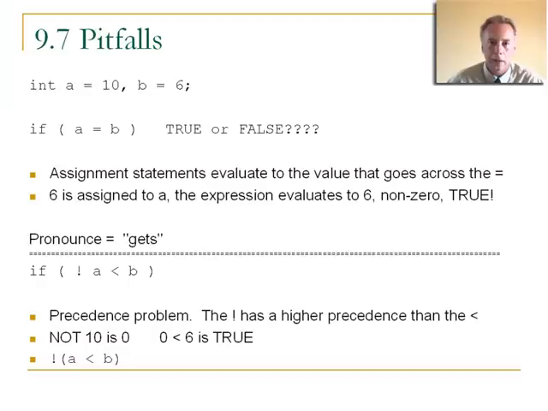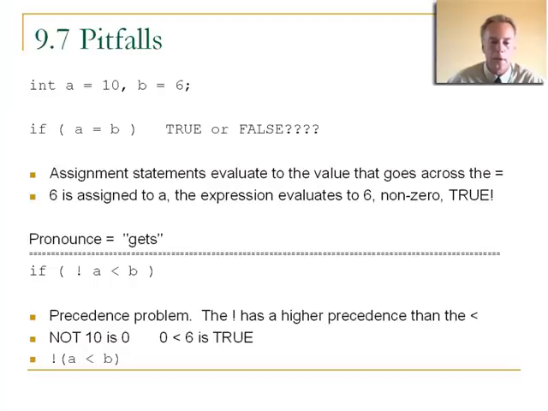If you're reading it A equals B, then what will happen? It will evaluate the assignment operator and treat it as a Boolean value, a true or false value. Well, what does the assignment statement evaluate to? In this case, we had A and B. A has 10 and B has 6.